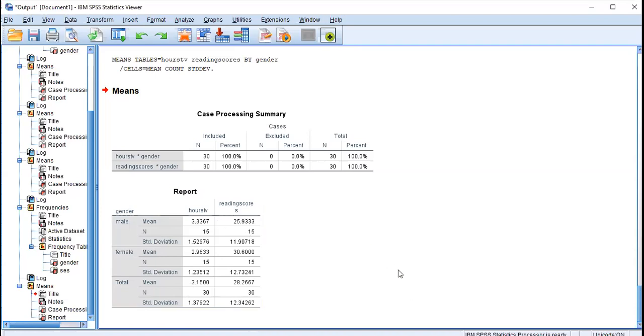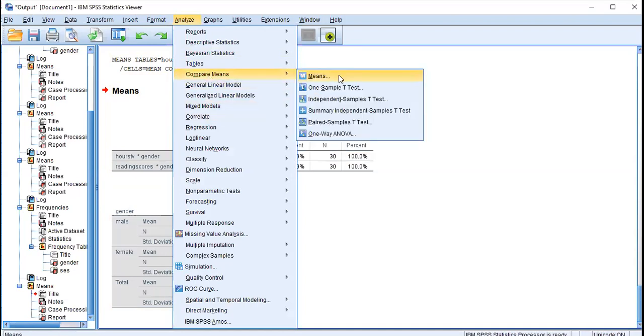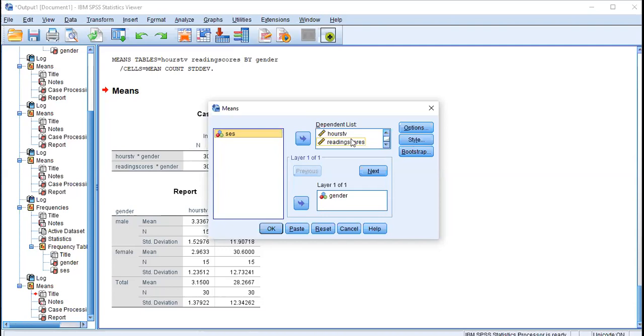And then moving back, this is the B part we have done, and previously we have done this for the entire data. This basically is the C part we've done. Had we been keen to talk about the entire data, what we could have done was go for Compare Means and find out the values.